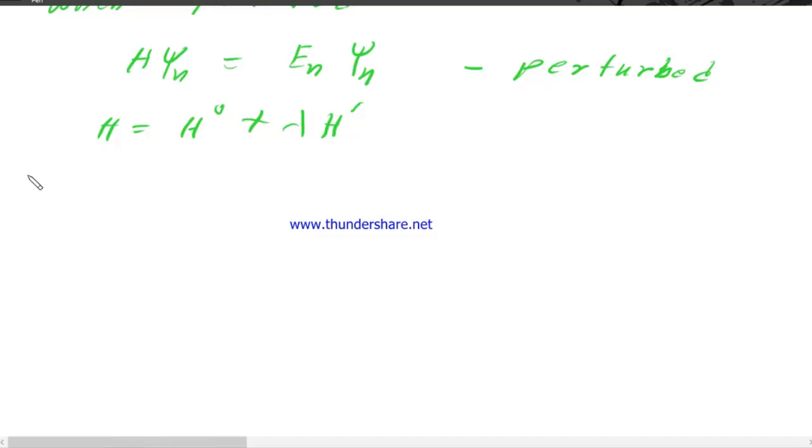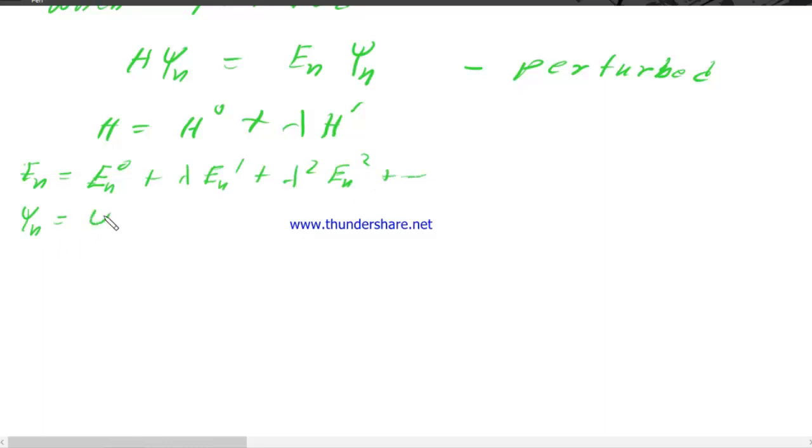Now we can write E_n and psi_n as a power series in lambda. This is E_n = E_n0 + lambda E_n1 + lambda squared E_n2 and so on.